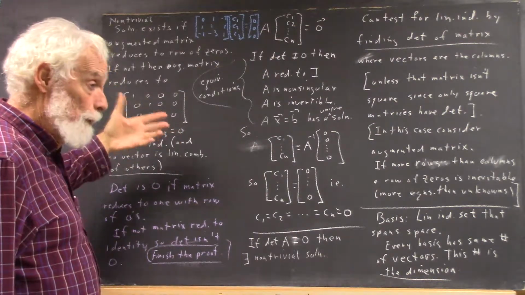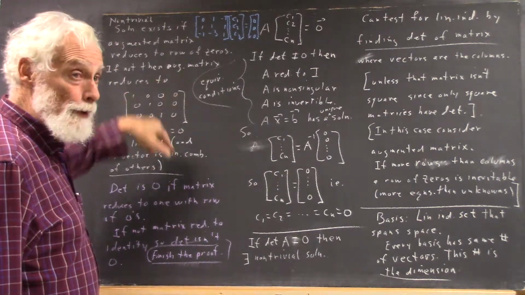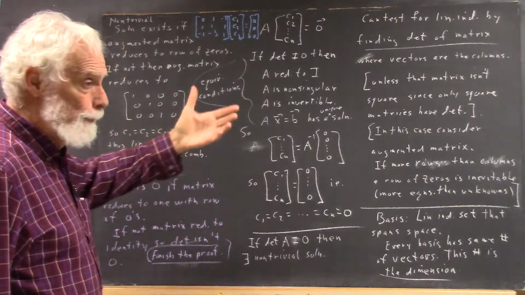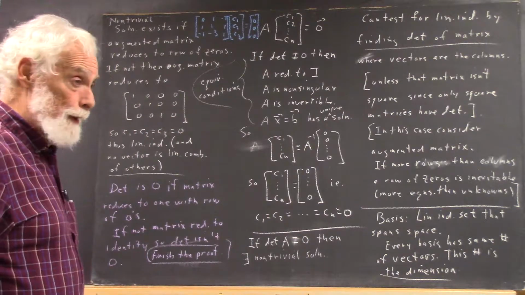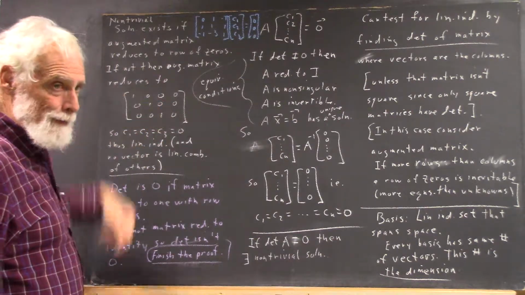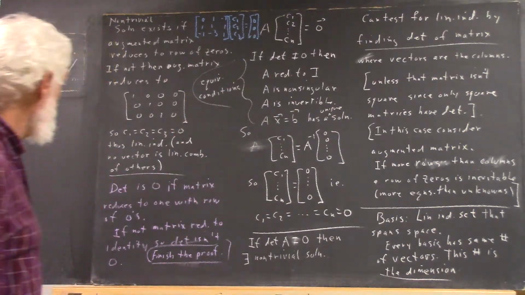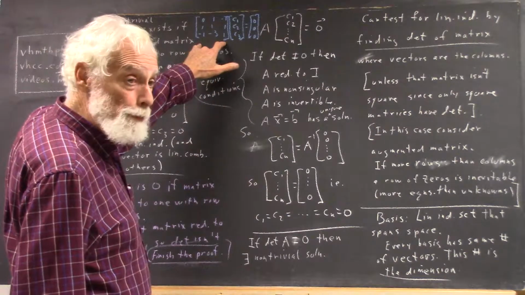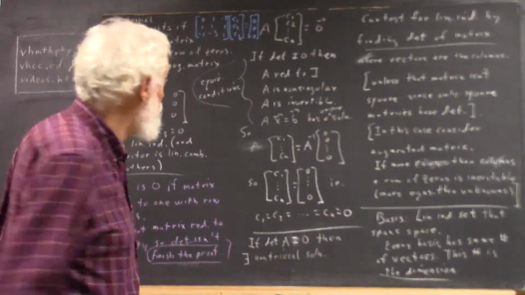Whatever multiple of whatever row you add to whatever other row, you're still going to have nothing but zeros over here. Whatever you multiply a row by, if you multiply 0 by 0, you get 0. And if you switch two rows that have zeros in the fourth column, you're still going to have nothing but zeros in the fourth column. We didn't actually reduce it, we're just looking at conditions and possibilities.